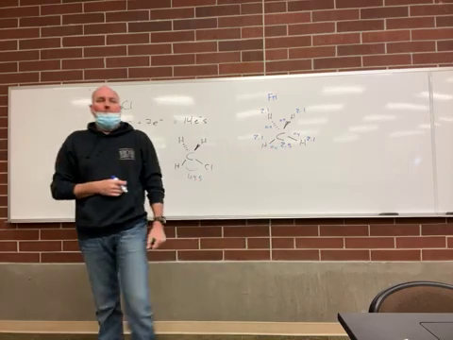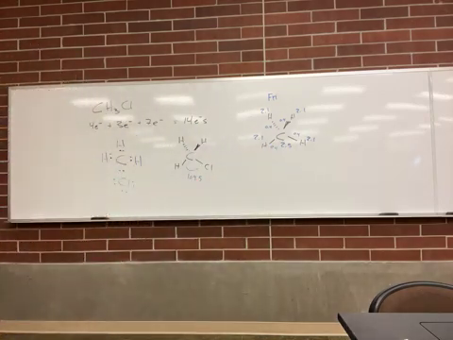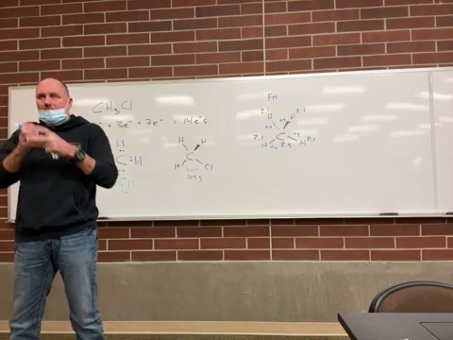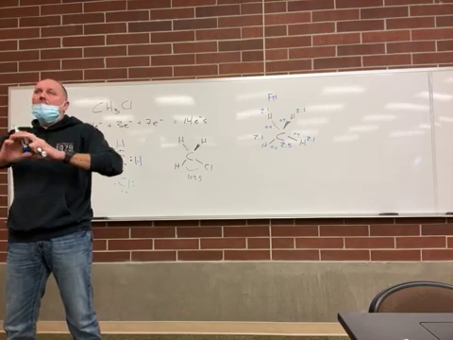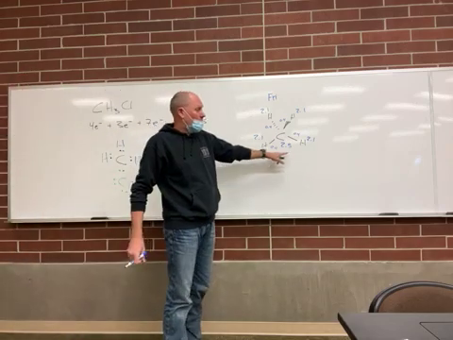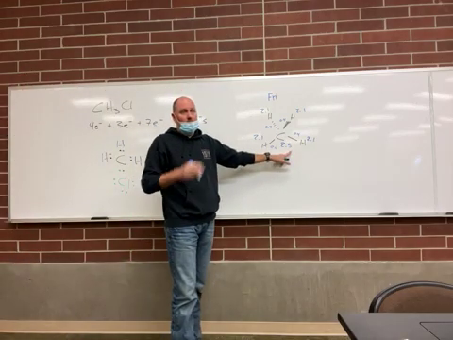Are those four bonds equal? If they're equal in their strength, then that means they're pulling on the central atom equally, which means the vectors cancel each other out. Therefore, methane is a nonpolar molecule. Okay?